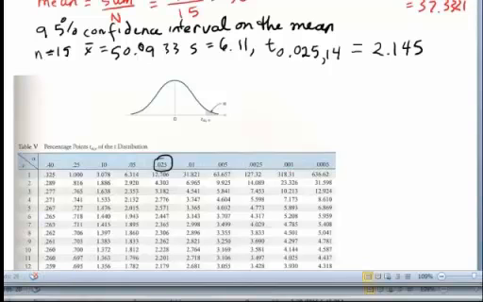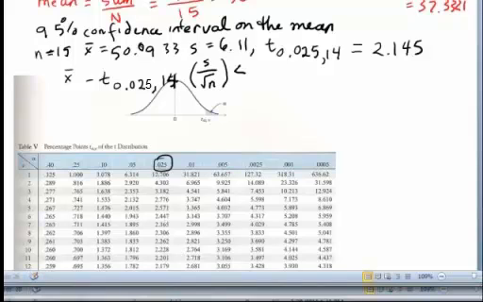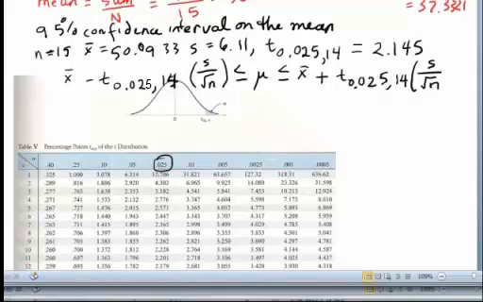And now we can say that x bar minus t of 0.025, 14 times s over square root of n is less than or equal to mu is less than or equal to x bar plus t of 0.025, 14 times s over square root of n.